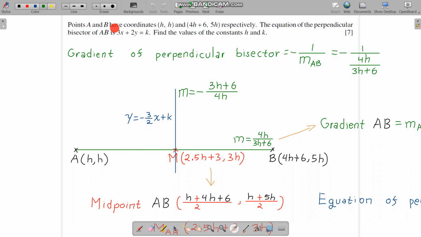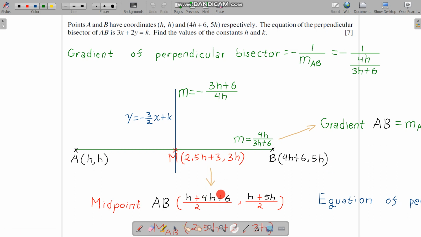Now we have points A and B, coordinates this and that. The equation of the perpendicular bisector is this. Find the values of the constants h and k. So this is the point H, H, and for h plus 6, 5h, we can find the midpoint. We use the midpoint formula.